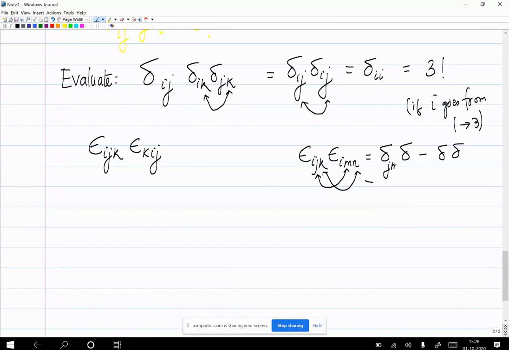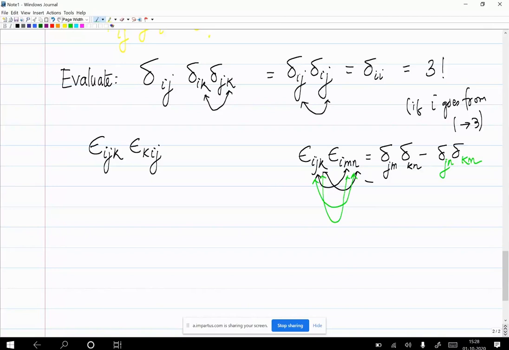So it is jm kn. In the second one, you take the other pair. So that's jn and km. Okay. So it's quite easy to remember.